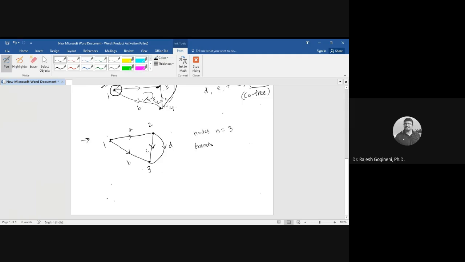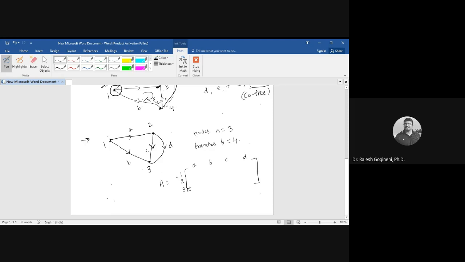Branches are 4: A, B, C, D. Right? So now our incident matrix A is having what rows? Rows are the nodes, n by b. Columns are branches A, B, C, D.